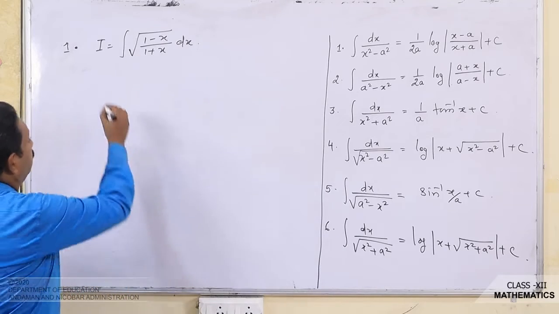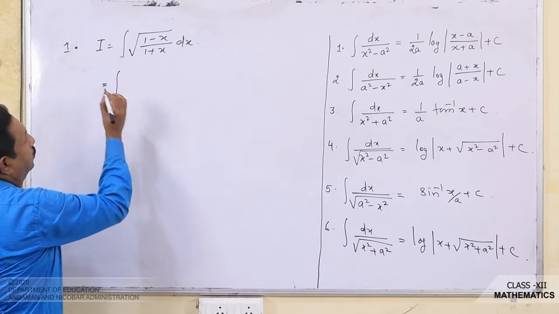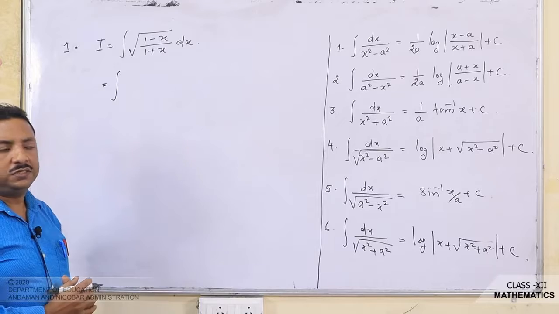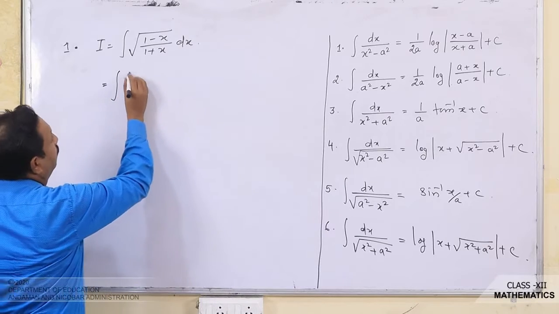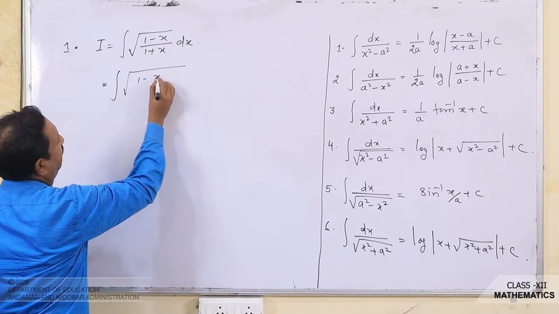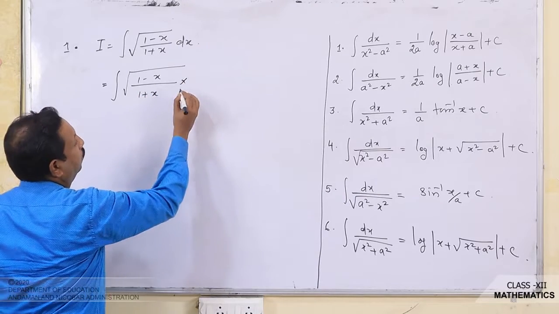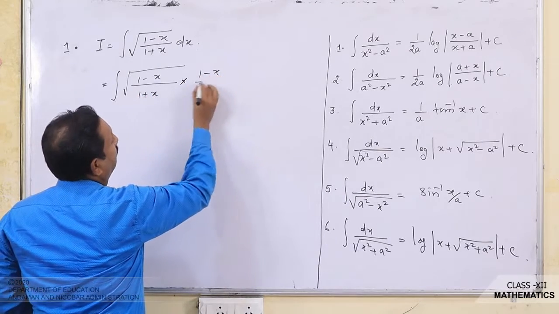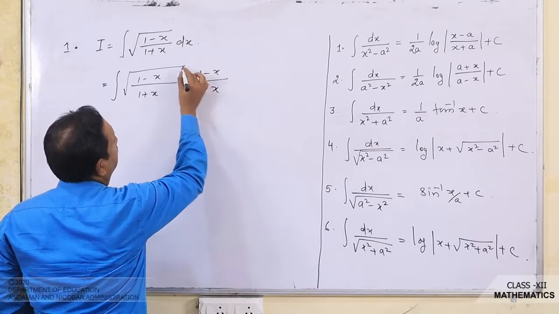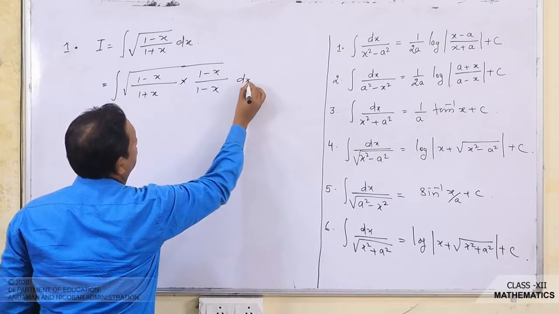So, what to do? I can rationalize it, and after rationalizing we get root of 1 minus x upon 1 plus x into 1 minus x upon 1 minus x dx.